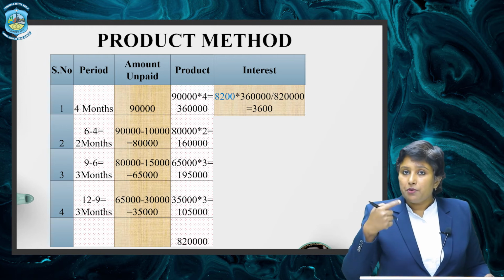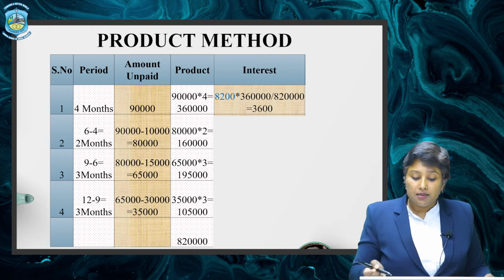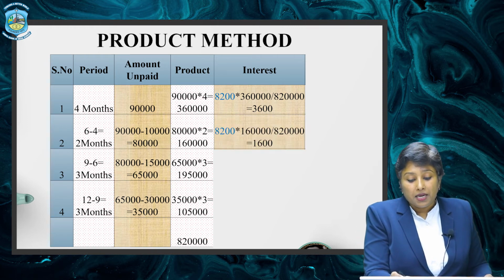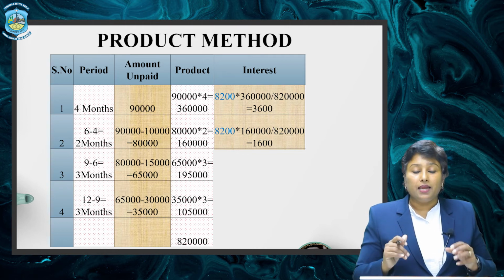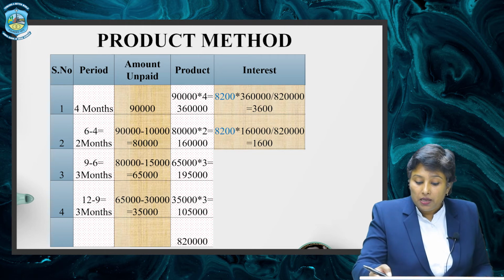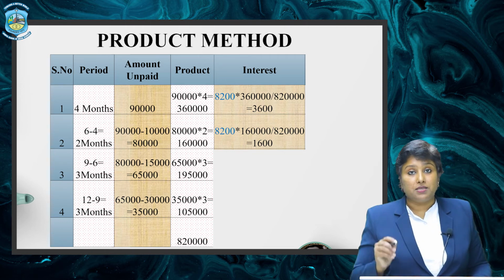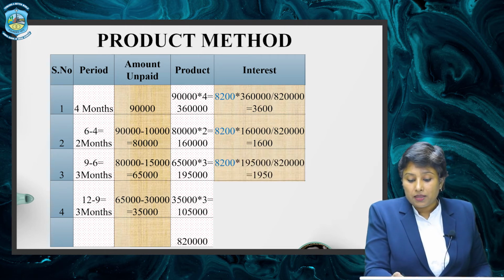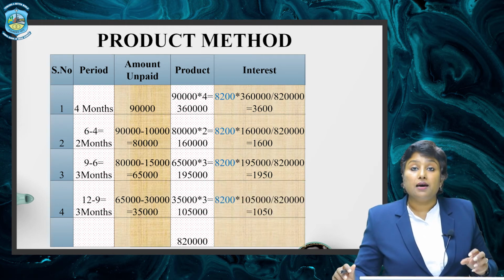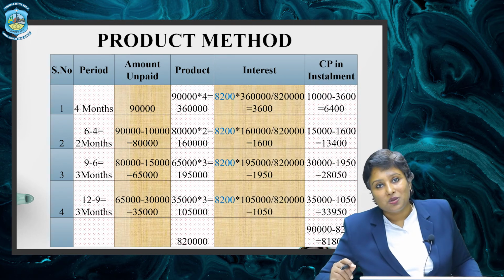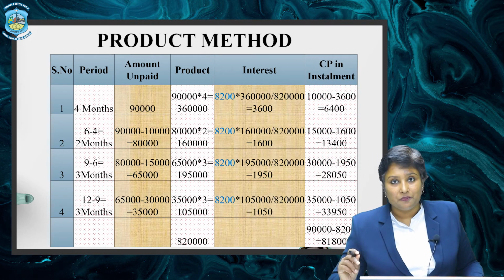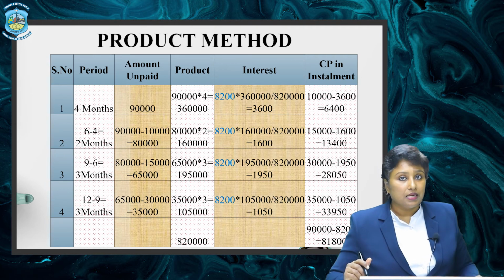Okay, the same procedure has to be followed for each next installment, that is 8,200 multiplied by 1,60,000, that is the product, divided by the aggregate of products, and this is how you will get each installment's interest. Okay, 3,600, 1,600, 1,950 and 1,050 are the amounts of interest, and using this interest you can calculate the cash price of each installment also. Okay, so I hope the product method is clear to all of you.